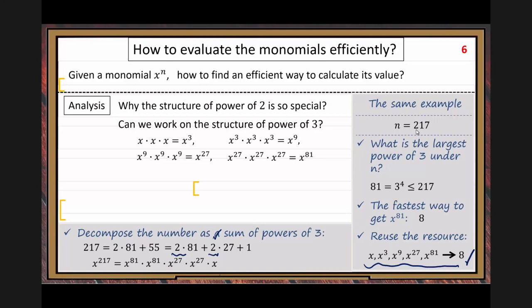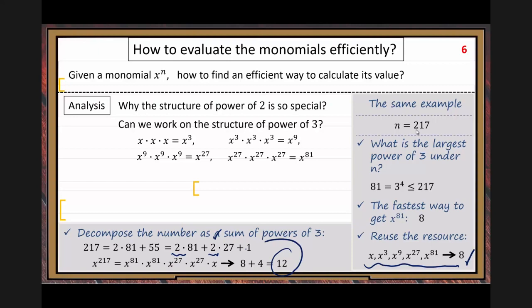So you get 5 terms to multiply. These 5 terms need 4 more multiplications. Finally, our answer, 8 plus 4 equals 12. So using repeated cubing here, our final answer needs 12 multiplications.